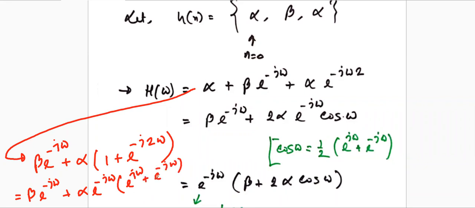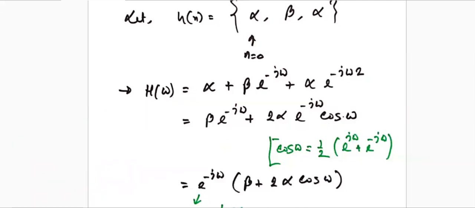And now you can find that e to the power j omega plus e to the power minus j omega is nothing but twice cos omega. So you can replace this part as twice cos omega, and now we can write 2 alpha e to the power minus j omega into cos omega.